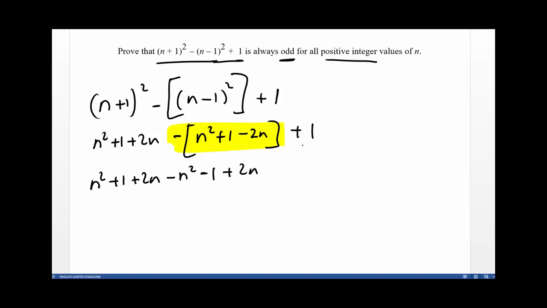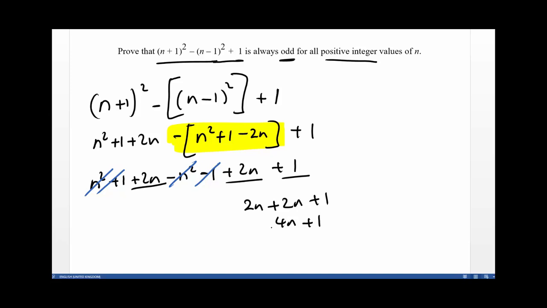So this is expanded now. And then I write this plus 1 at the end. Now, these two can cancel. These two can cancel. And then what we're left with is plus 2n, and a plus 1. So 2n plus 2n plus 1, that's going to give me 4n plus 1.